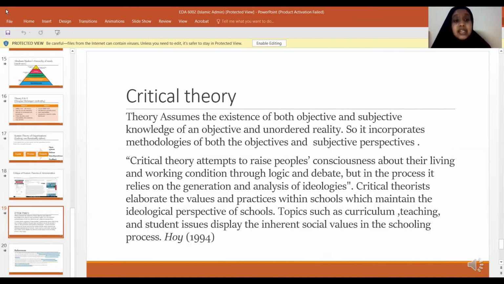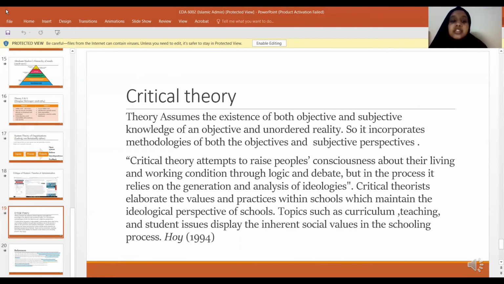The last one is critical theory. The theory assumes the extending of both objective and subjective knowledge of an objective and ordered reality. So it is a corroborated methodology of both objective and subjective perspectives. Critical theory attempts to raise people's awareness about their living and working conditions through logic and debate.